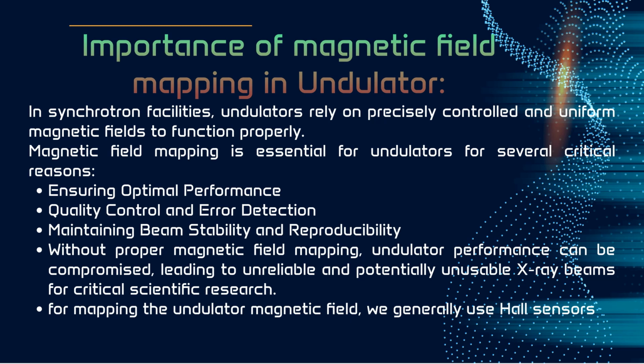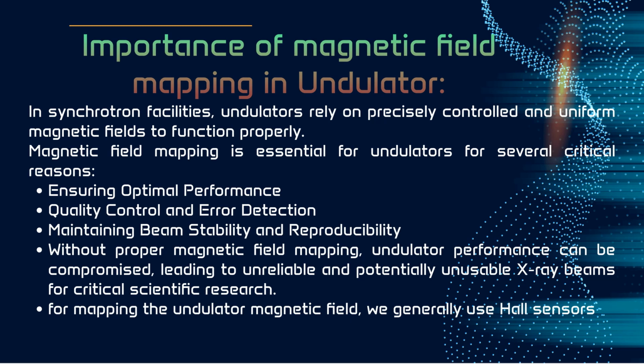Magnetic field mapping is essential for undulators for several critical reasons, such as ensuring optimal performance, quality control and error detection, and maintaining beam stability and reproducibility. Without proper magnetic field mapping, undulator performance can be compromised, leading to unreliable and potentially unstable X-ray beams for critical research purposes.